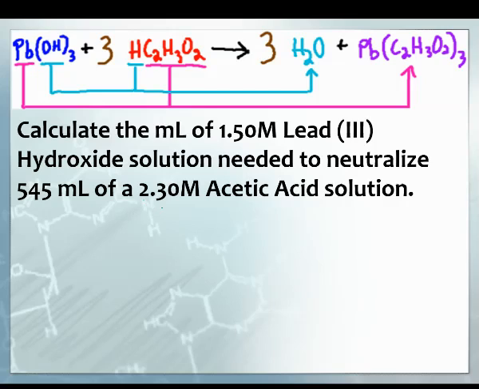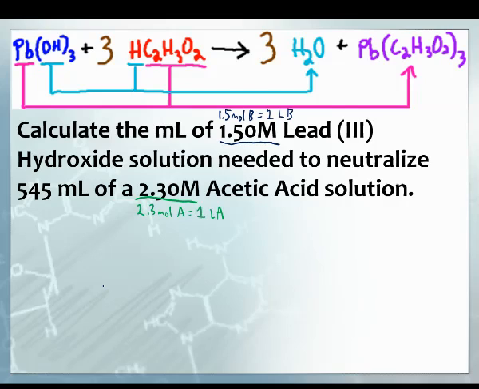So remember, anytime we have a molarity, it's pretty much going to be an equality. So this here is 2.3 moles of acid is equal to 1 liter of acid. Their molarity equality, and we'll do that one in a slightly different color. Over here, that's going to be 1.5 moles of base is equal to 1 liter of base.